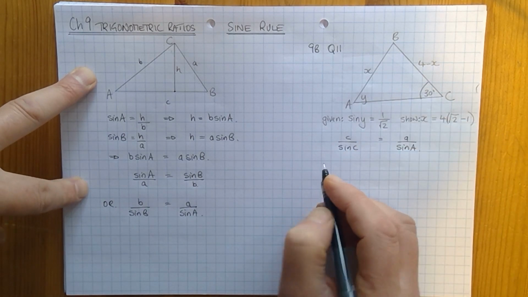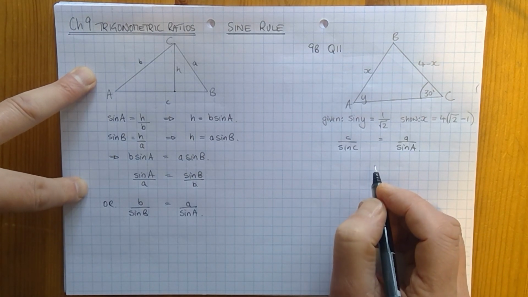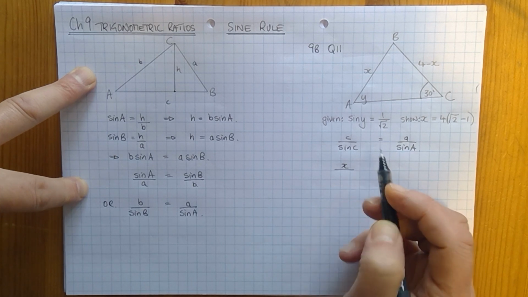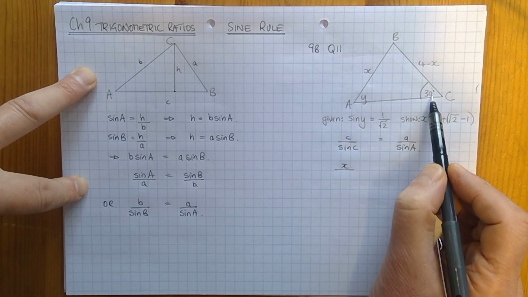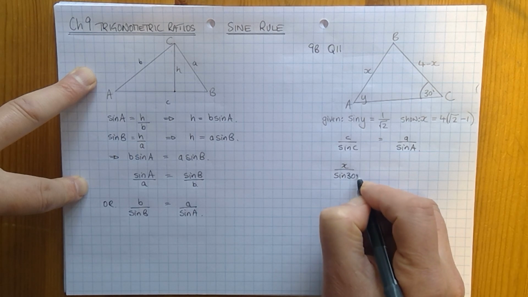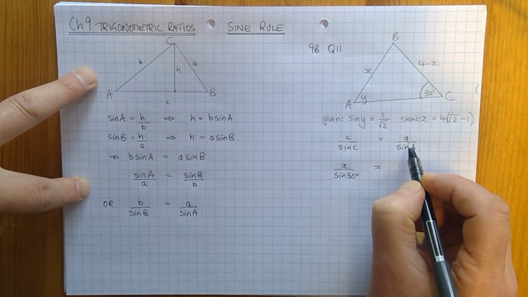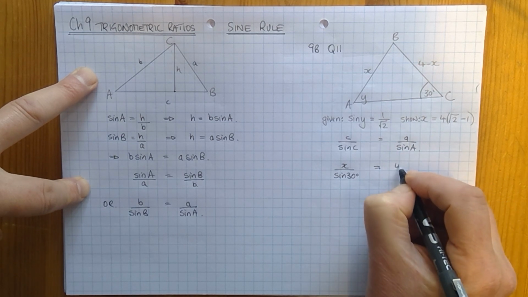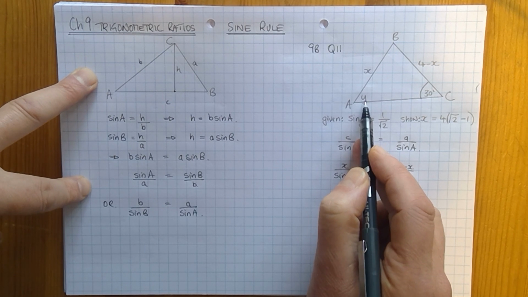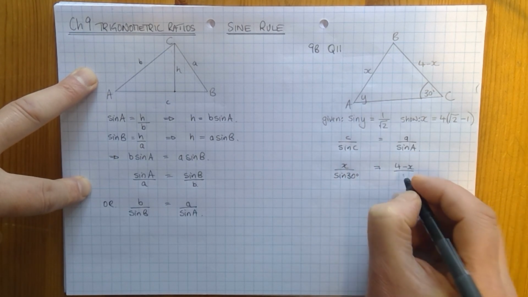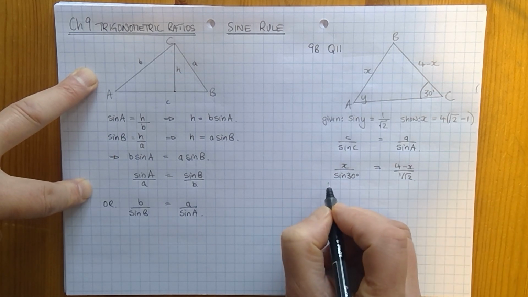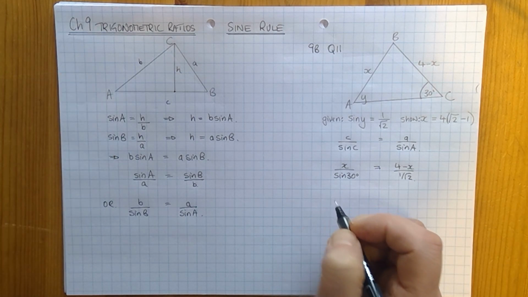I'm now going to substitute in the values I have for my particular diagram. So c is x over sine 30 equals 4 minus x over sine A. Well, sine A is sine y, and they tell us that sine y is 1 over root 2. Let's just simplify this a little bit.